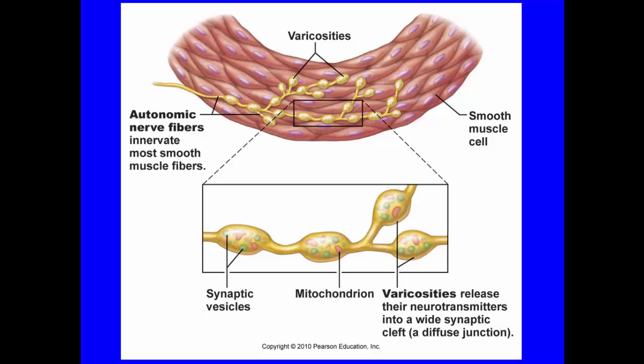They're going to dump it onto the larger area of the smooth muscle. So it's not always going to be a synaptic connection. It's almost like spraying out on top of the smooth muscle fibers. Now, the neurotransmitter will either be acetylcholine or norepinephrine.